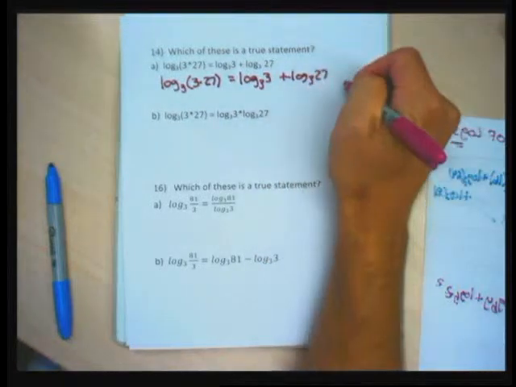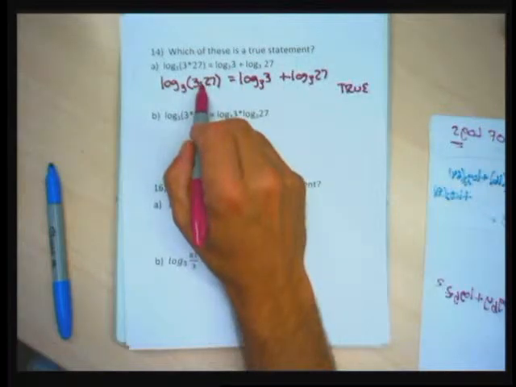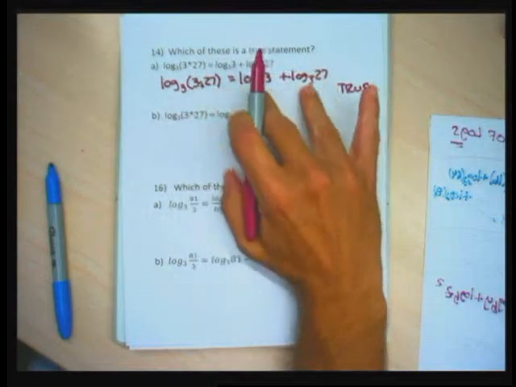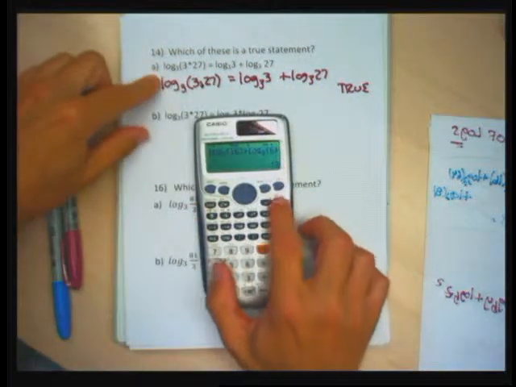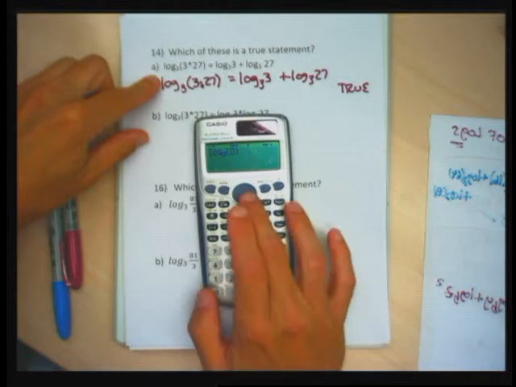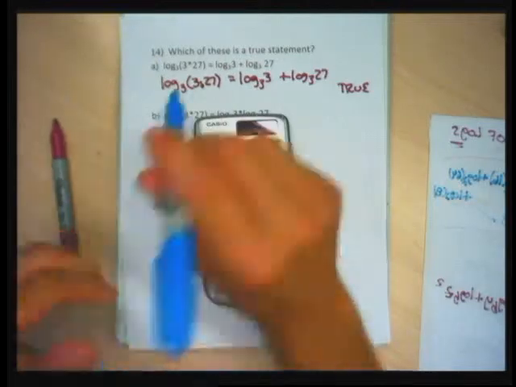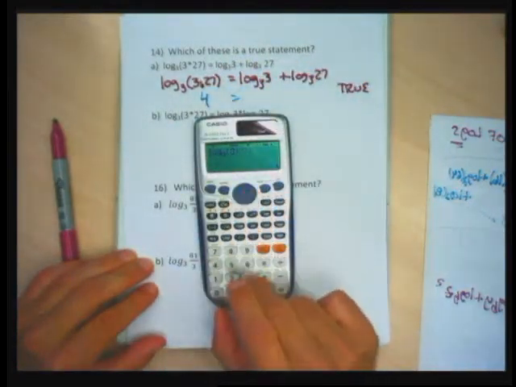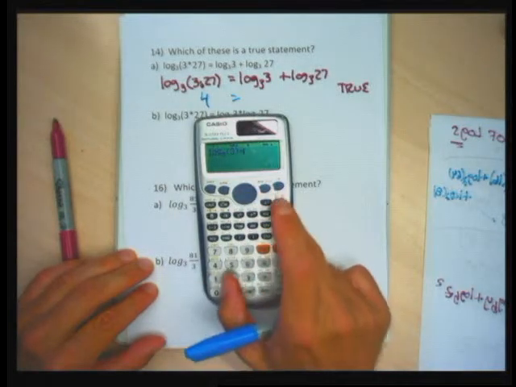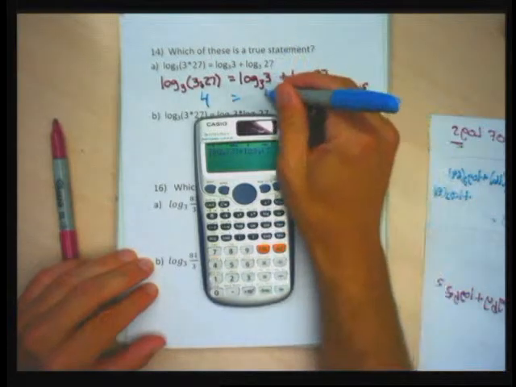I think this is true, because this is exactly the rule. It says if there's multiplication inside a logarithm, I can take a single log and expand it into a sum of logs. And I'm going to check. This is super easy for me to check. So is the original problem, the log base 3 of 3 times 27, which is 4, equal to the log base 3 of 3 plus the log base 3 of 27? And it does. So it works this way.